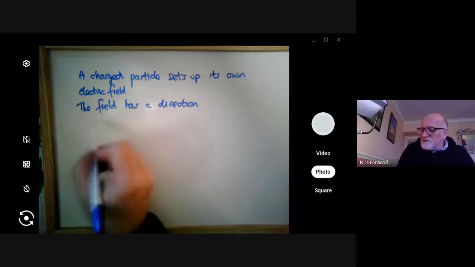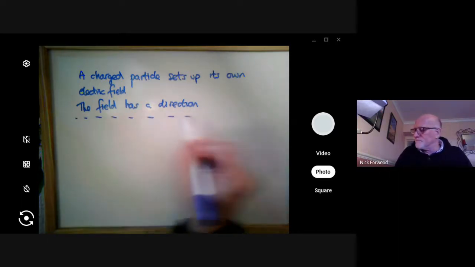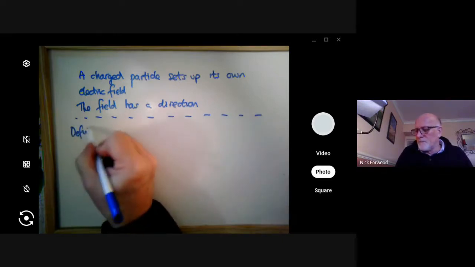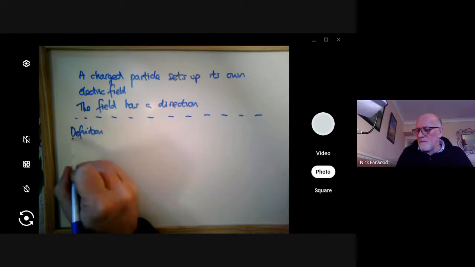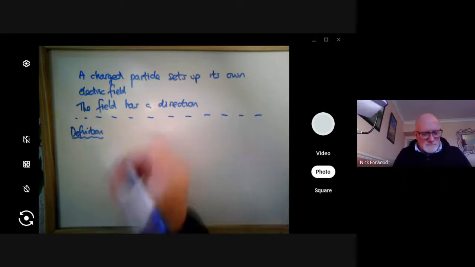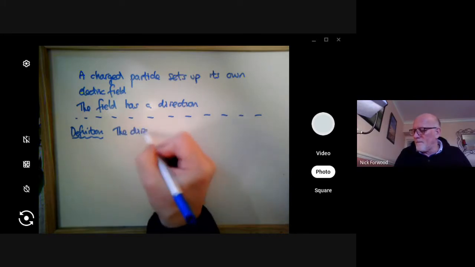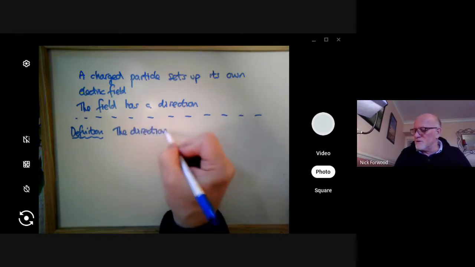And we're going to have a definition for the direction, and this is something that physicists have agreed on.